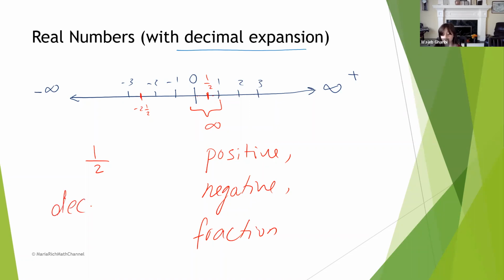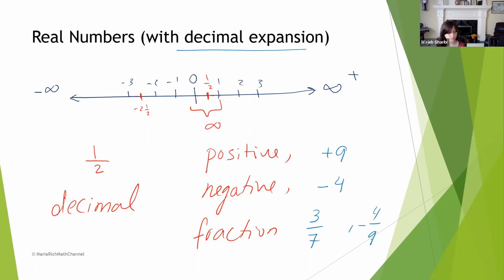What does decimal mean? Let me give examples. A positive number, for example 9. A negative number, for example -4. A fraction, for example 3/7, or -4/9, which is a negative fraction.